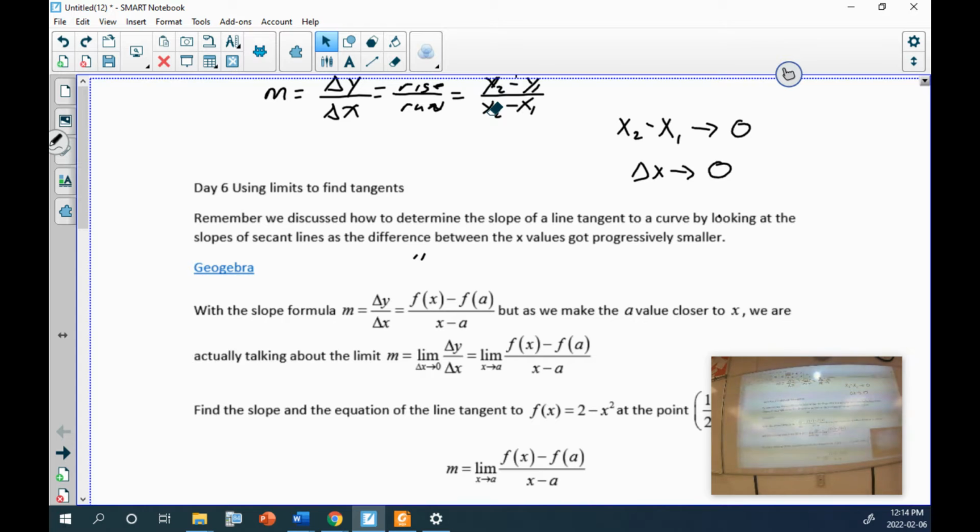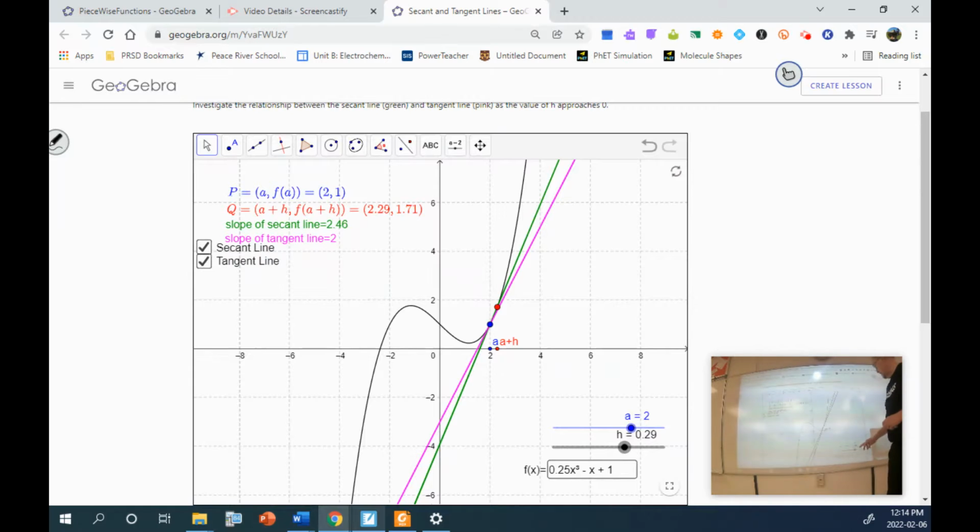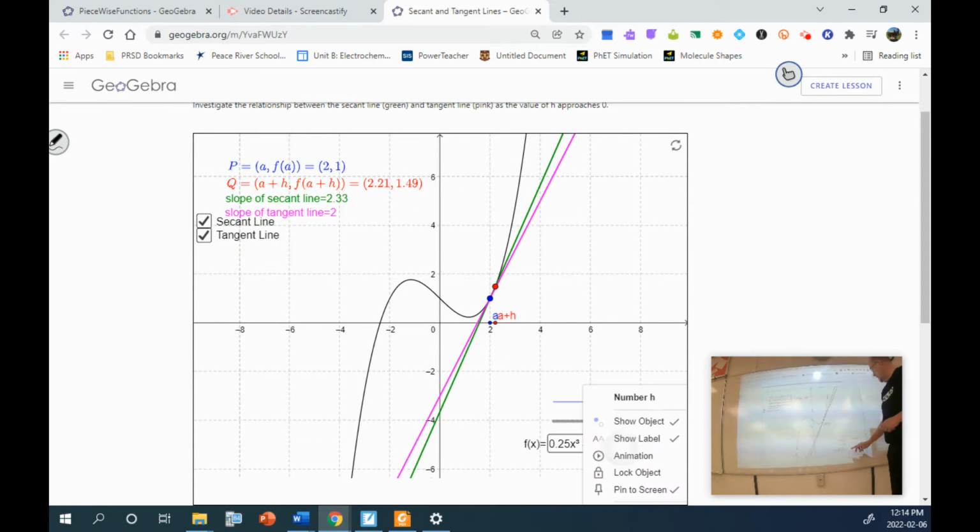Now, as we are talking about the infinitesimal in this part or in calculus a lot of the time, this delta x just means the difference in the x coordinates. What happens as it gets closer and closer to 0? And we can see we're at 0.29 right now.